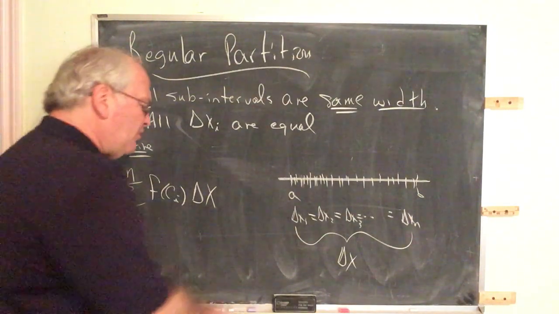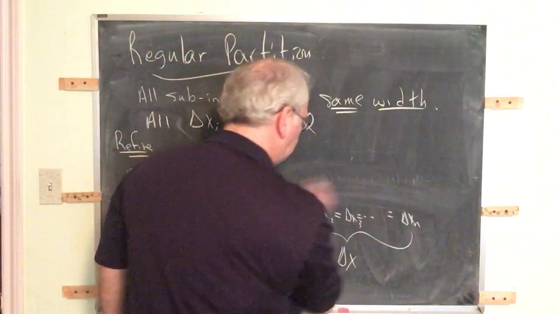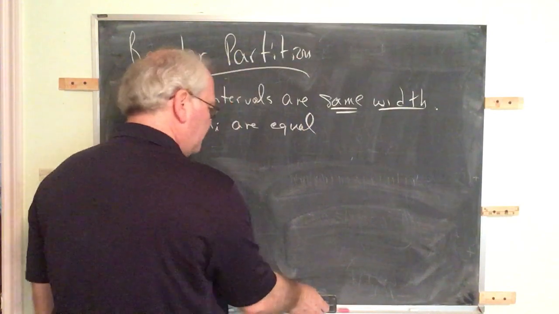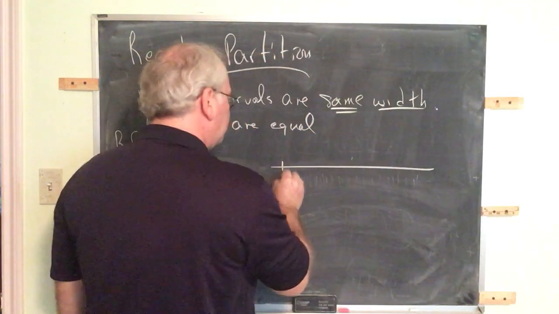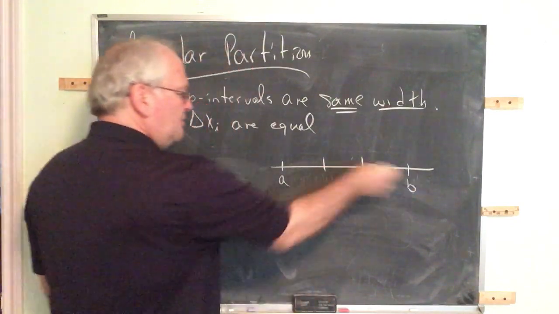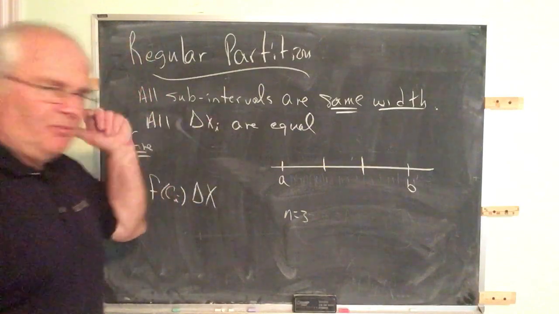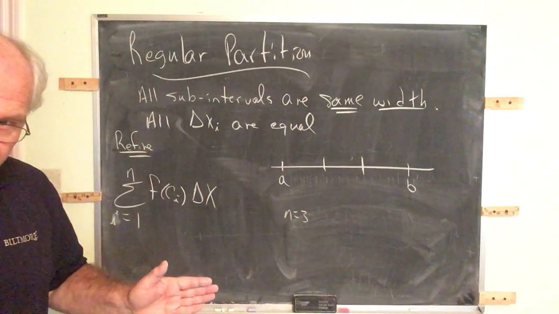So, with that proviso, then we can say this. Suppose I have A, B, and suppose I have 3 equal pieces. So in this case, n is 3. Regular partition. We will say this.